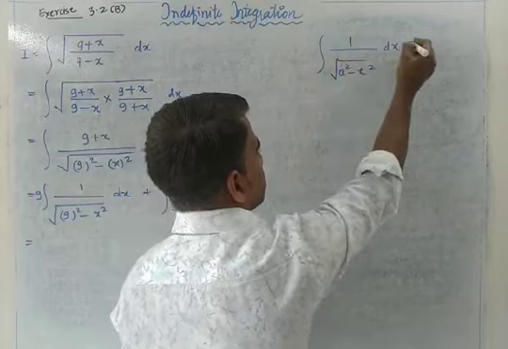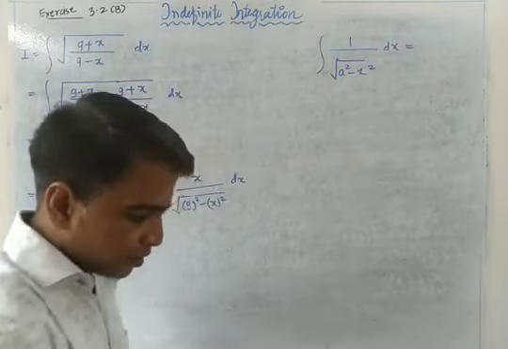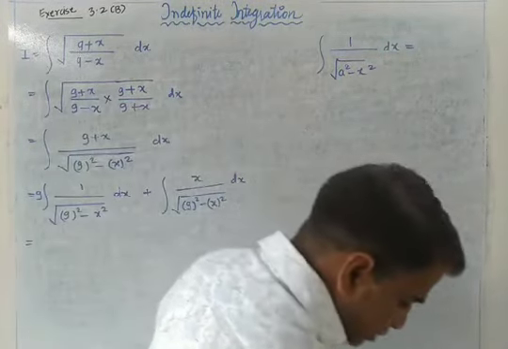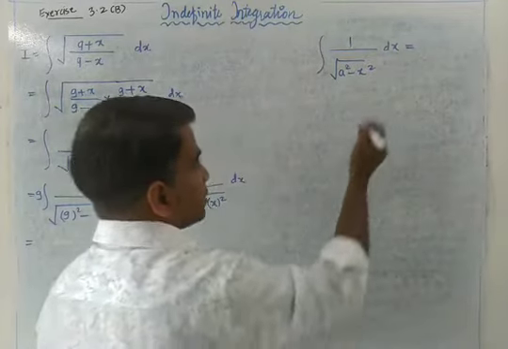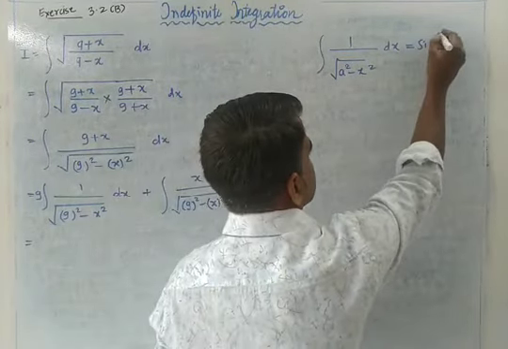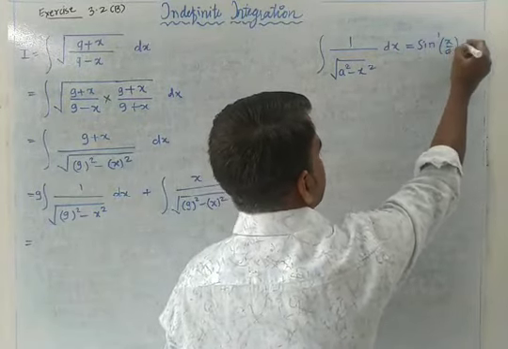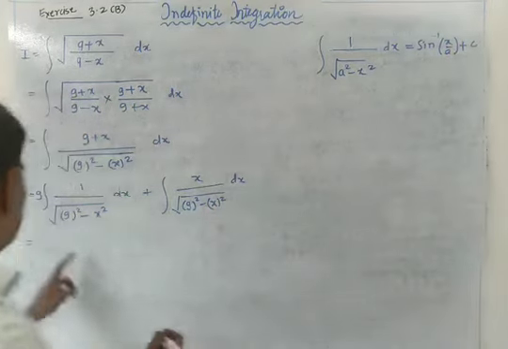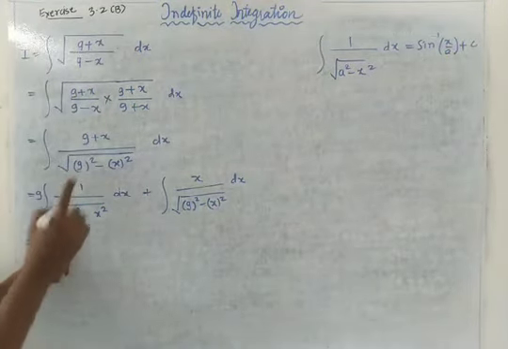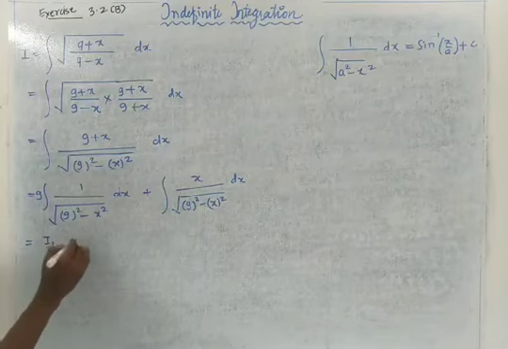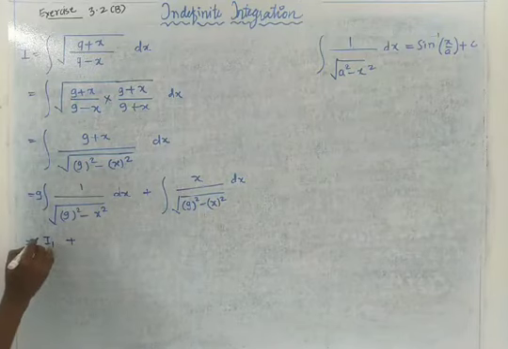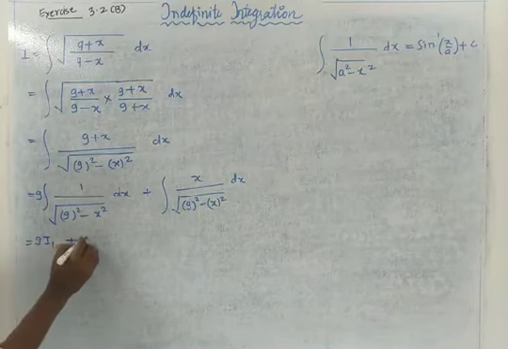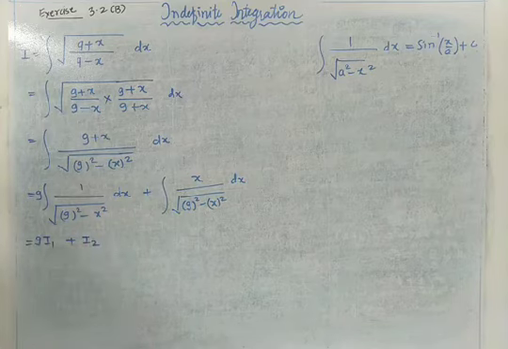That formula is related to sine inverse x by a plus c. So the first integration will easily simplify with that formula. We will consider these as I1 and I2, so it is 9 times I1 plus I2.